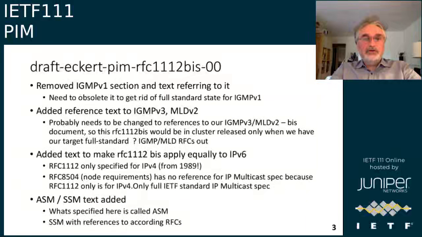So this is what I did for the 00 draft. Admittedly, it's all the simple stuff. I removed the IGMPv1 section and text referring to it. So that gets the main thing done. I added references to IGMPv2, IGMPv3 and MLDv2. Those, I think, would be replaced with references to the drafts that are meant to supersede them, so that ultimately we'll have a big cluster coming out together, all pointing to the right documents, referential to each other. I added text to make this apply equally to IPv6.